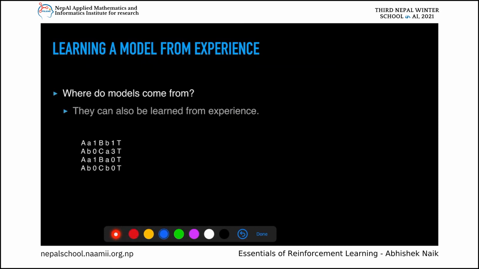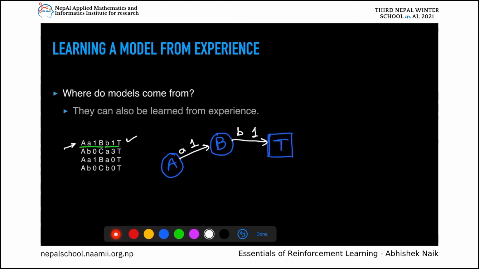Can we think about what sort of world would lead to such data? In the first trajectory, in state A I take action a, receive reward 1, and end up in state B. Now in B, if I take action b, I get reward 1 and then I terminate.